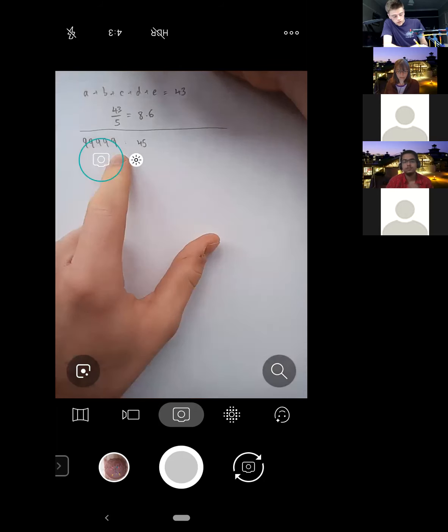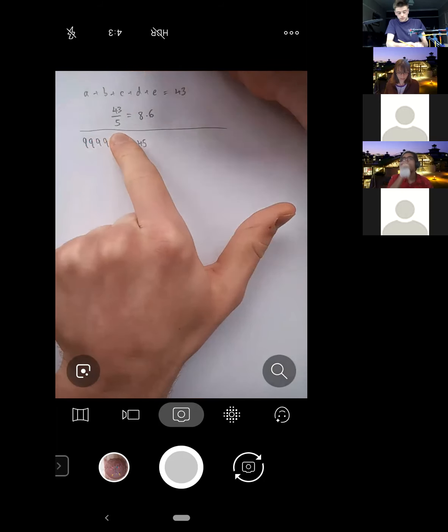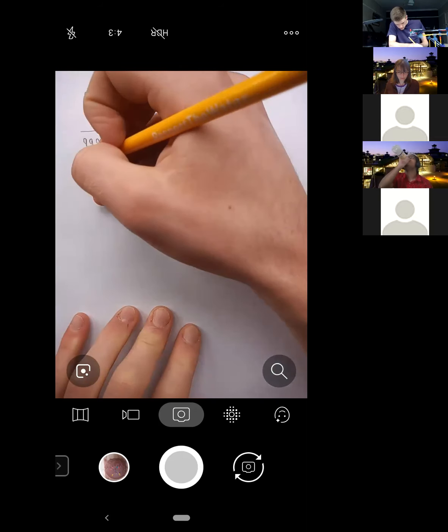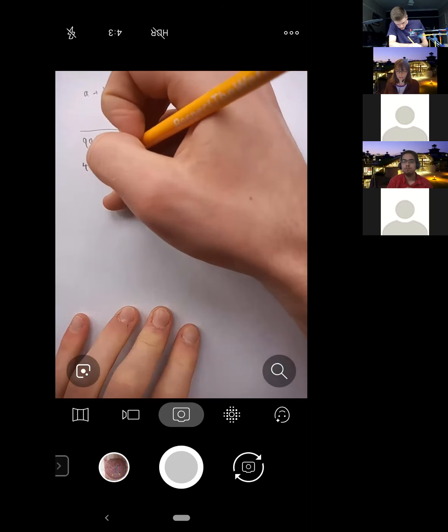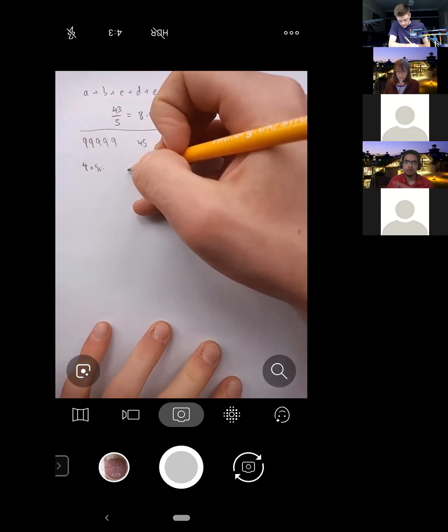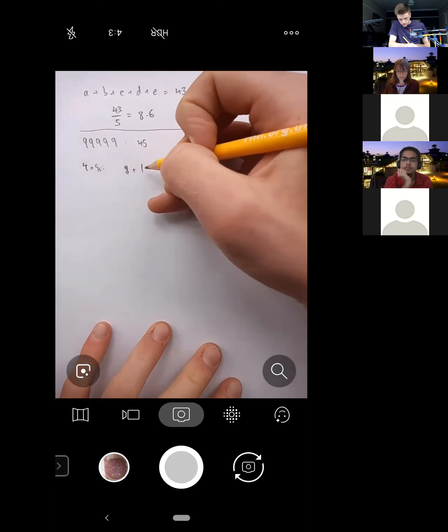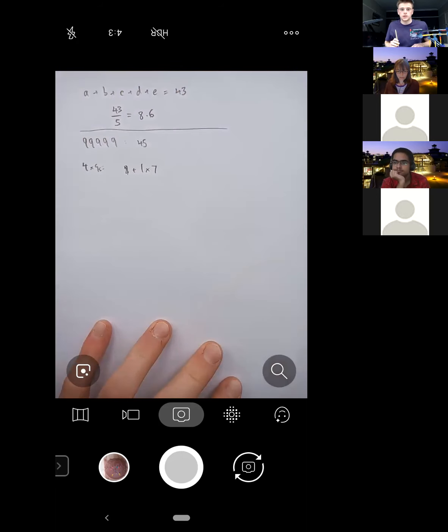So we could lose one of the 9s and substitute it for something else. So 4 9s. Okay, we could substitute a 9 for a 7. I'm writing this in shorthand so it doesn't take ages.